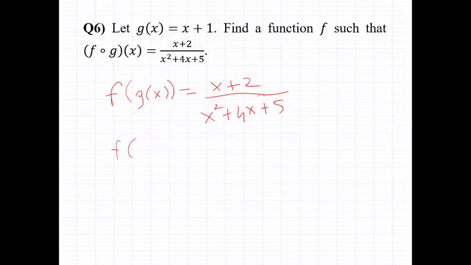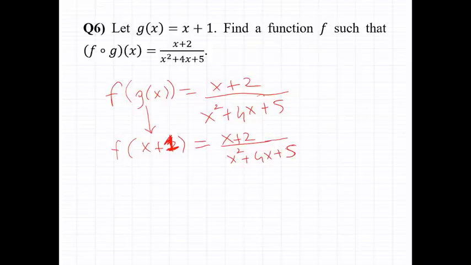So here you can write this one here, x plus 2, and this is gx is x plus 1, so we are looking for a function such that f of x plus 1 is equal to x plus 2 over x squared plus 4x plus 5. Now here to get this one, we use a mathematical trick. Okay, this is kind of a tricky question.